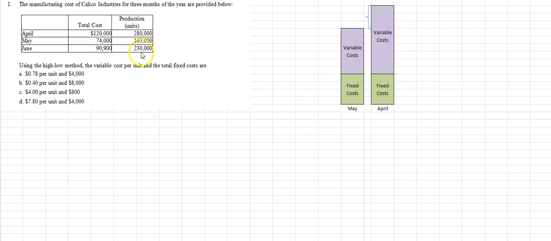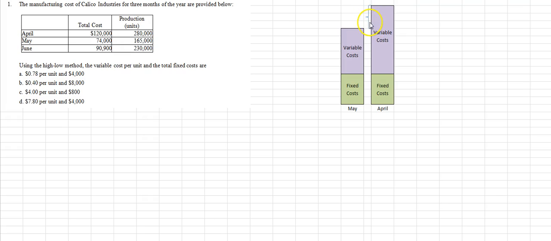Okay, so here I put in bars more or less what we want to do. These are the costs of May, total cost over here, and we have the total cost of April. So we're going to take advantage of this gap here, the difference that we see here.